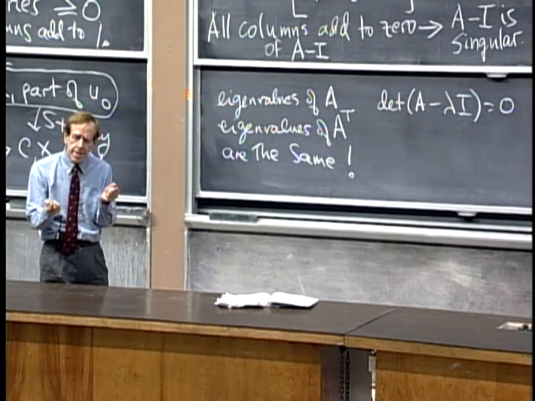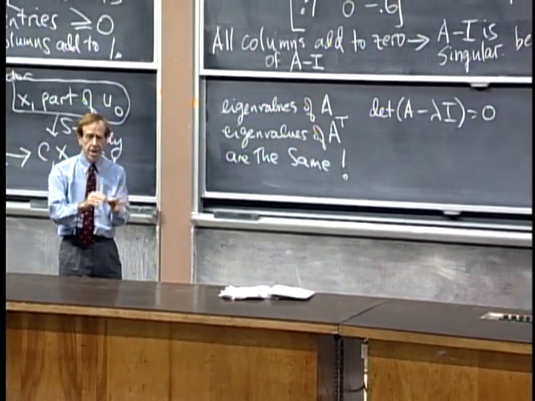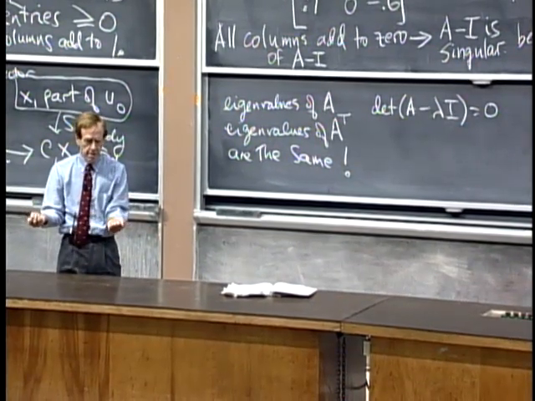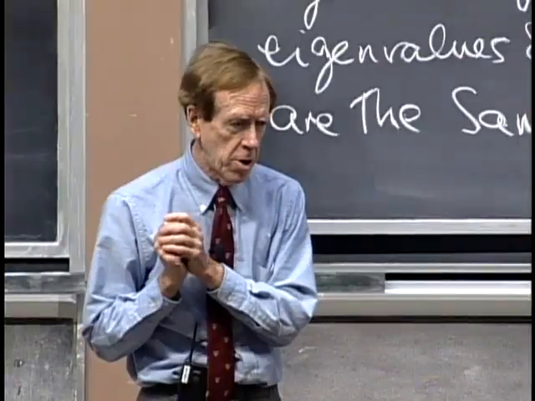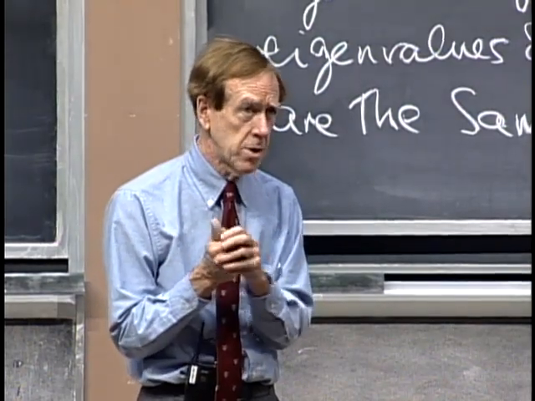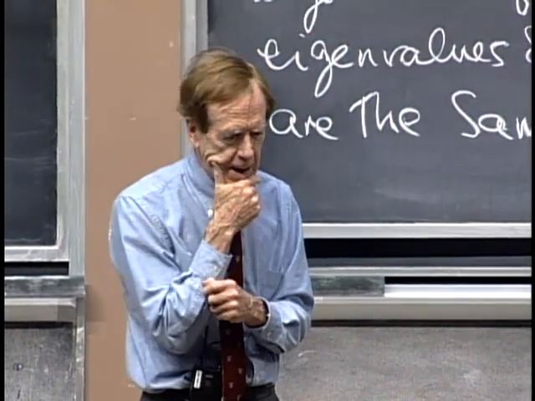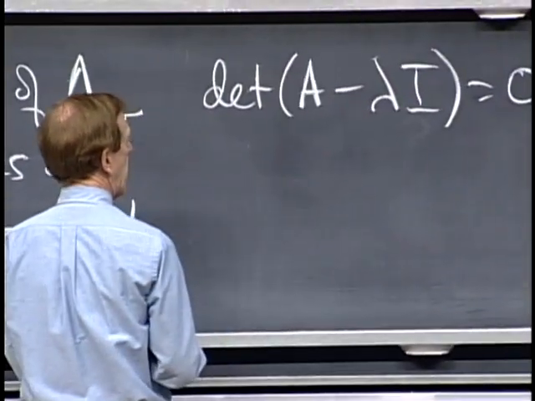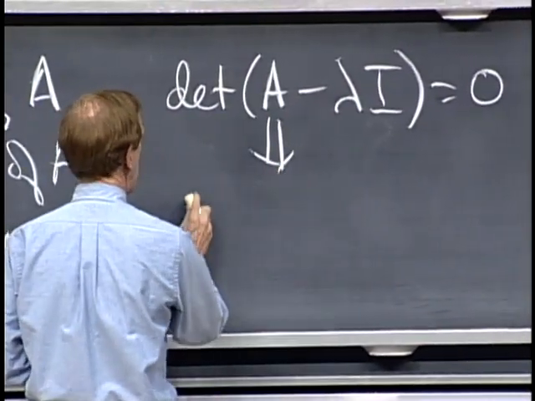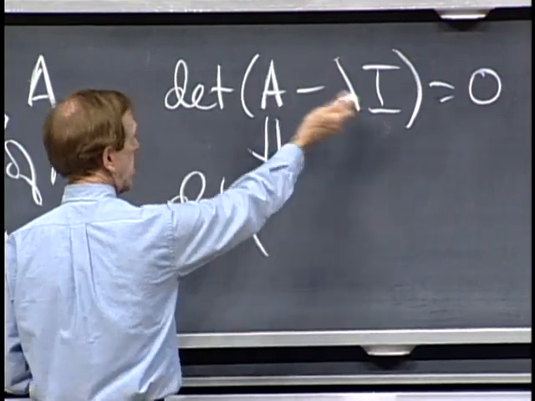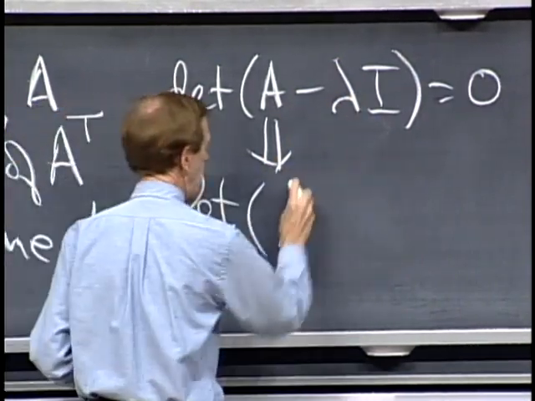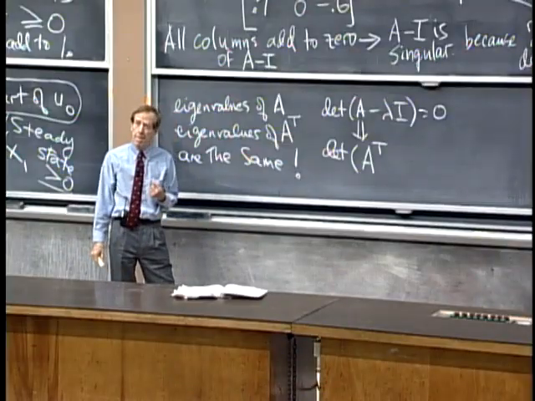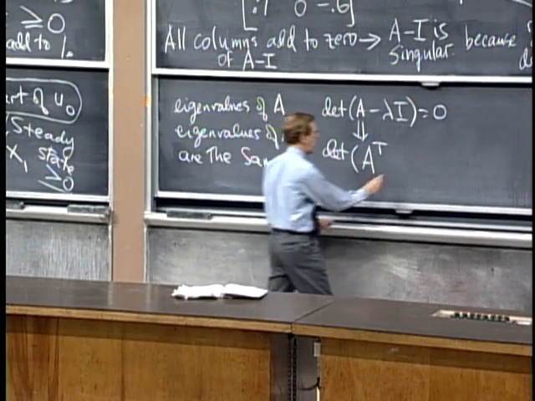I'll use the fact that the determinant of a matrix and the determinant of its transpose are the same. The determinant of a matrix equals the determinant of the transpose. That was property 10, the very last guy in our determinant list. So I'll transpose that matrix. This leads to this. I just take the matrix and transpose it. But now what do I get when I transpose lambda I? I just get lambda I.